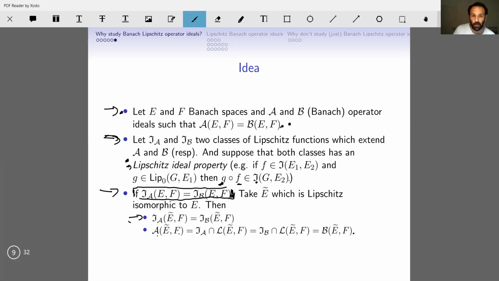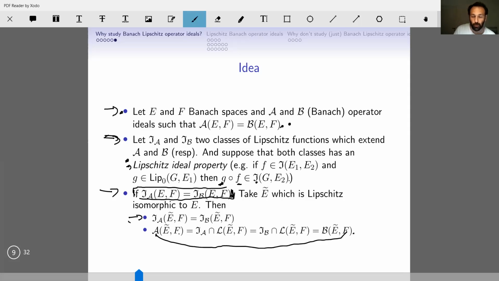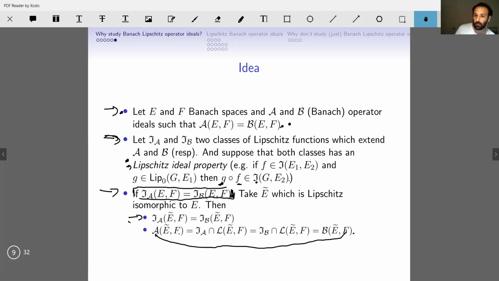And then, since I_A and I_B extend A and B, we obtain this equality. Note that all the operators in A from E tilde to F are exactly those in B from E tilde to F, and this is exactly the linear property that we had at the beginning. But what's different here is that E tilde is Lipschitz isomorphic to E. So we are saying that this linear property can be described using Lipschitz functions.